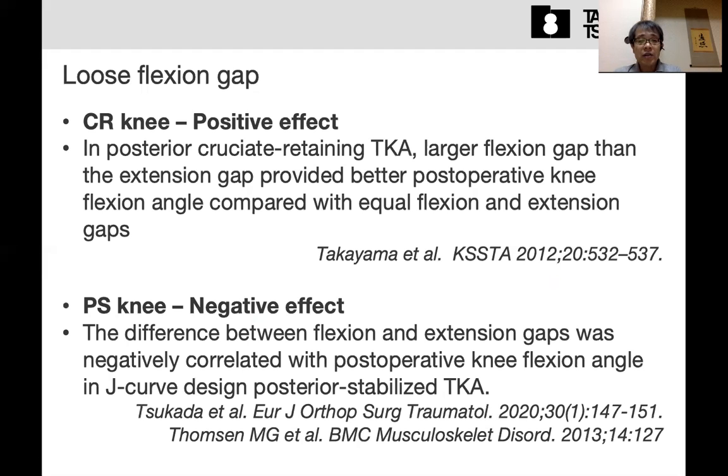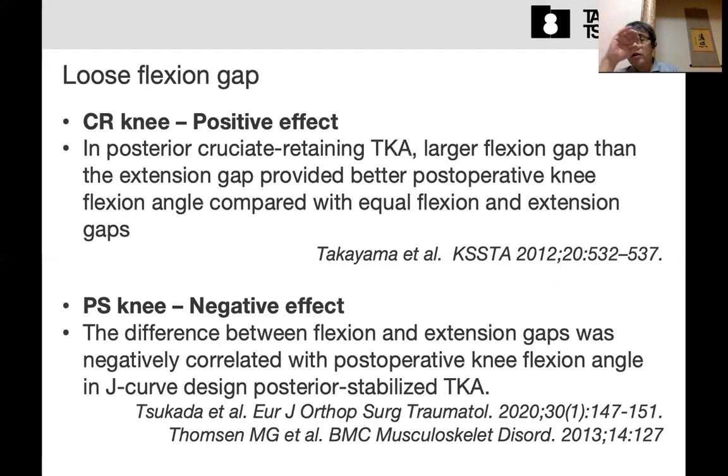One study showed that in the posterior cruciate retaining TKA, a large flexion gap compared to the extension gap provides better postoperative knee flexion angle than equal flexion and extension gaps. That means the surgeon should make a slightly larger flexion gap compared to the extension gap.